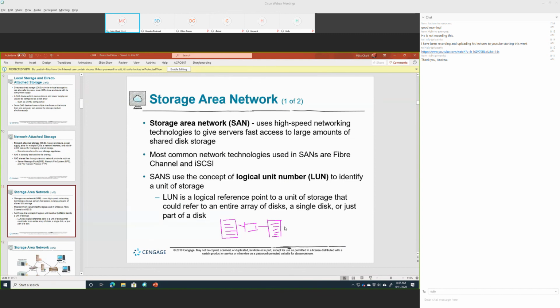So when you're trying to save stuff, we need to know how to access it. This is how they identify it, by logical unit number, LUN. A LUN is a logical reference point to a unit of storage that could refer to an entire array of disks, a single disk, or just part of a disk.